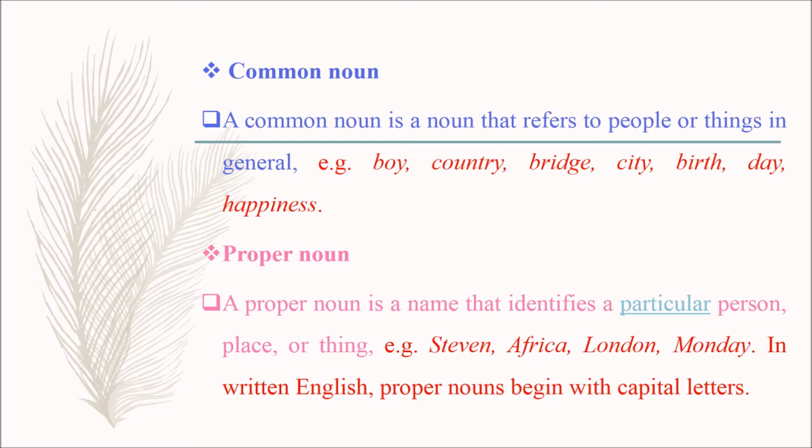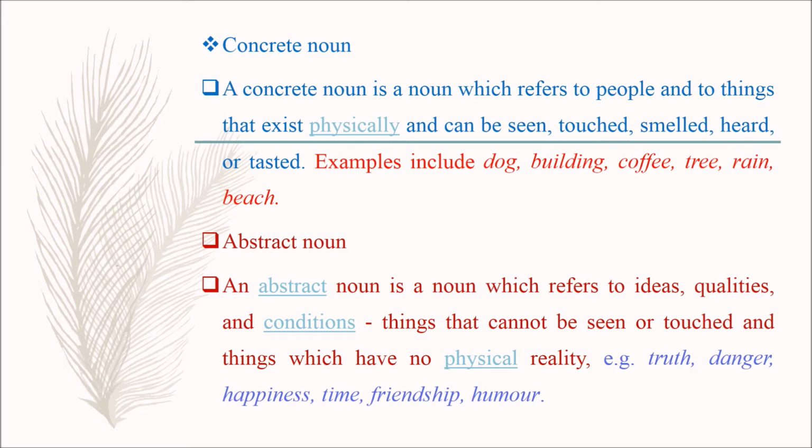Examples: Stephen, Africa, London, Monday. In written English, proper nouns begin with capital letters. Next, we are going to see concrete nouns.